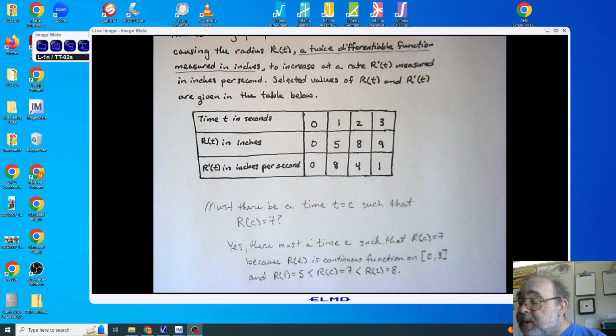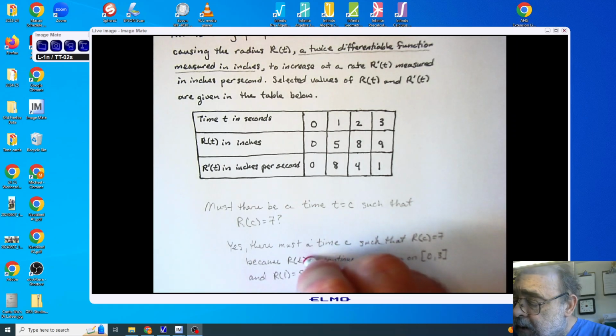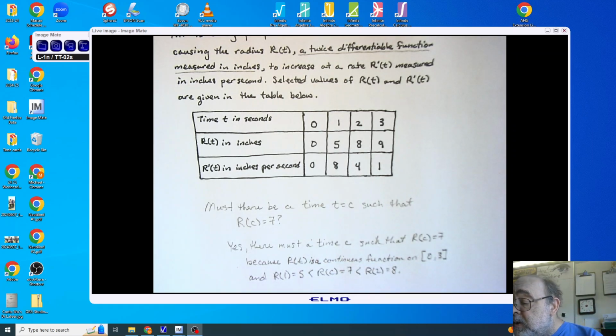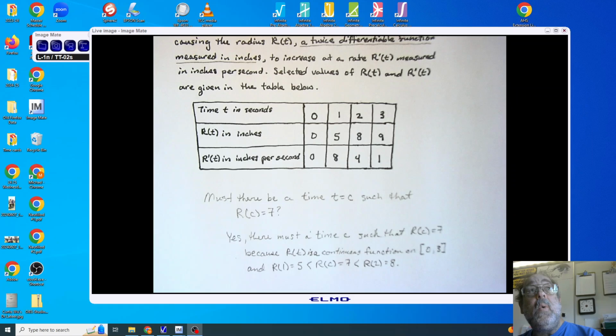Yes, there must be a time c such that r of c equals 7, because r of t is a continuous function, and use our English appropriately, is a continuous function on 0 to 3. Notice it's a closed interval, and we have the inequality: r of 1 equals 5 is less than r of c equals 7 is less than r of 2 equals 8.